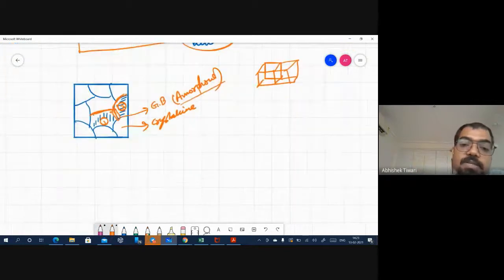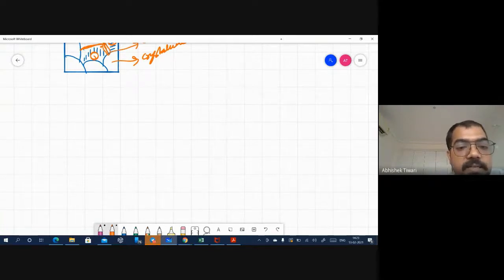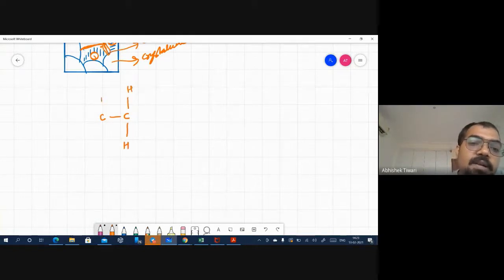So because of the nature of how polymer is, let's say I take ethylene. So I will have carbon, carbon, hydrogen, hydrogen, hydrogen, hydrogen, and then these two.